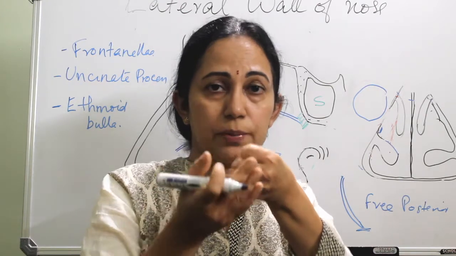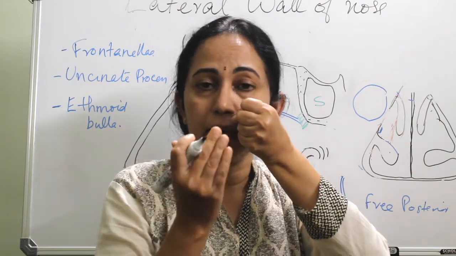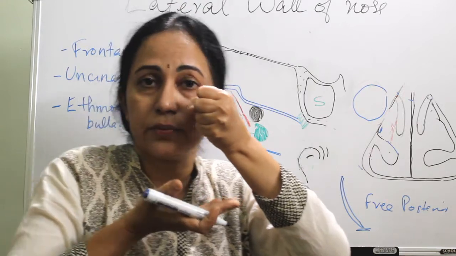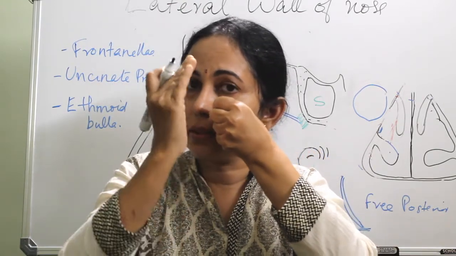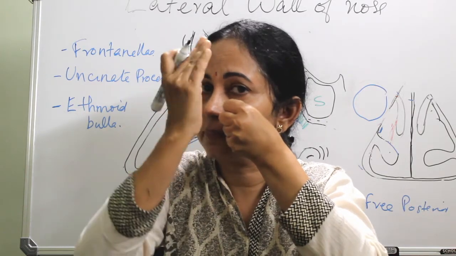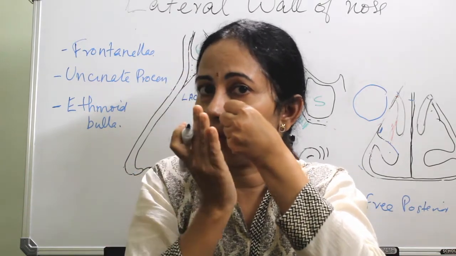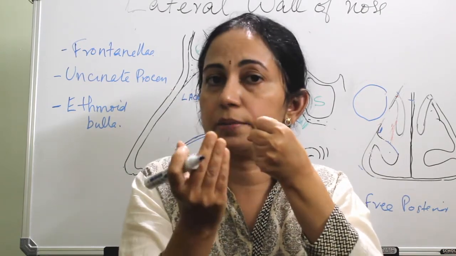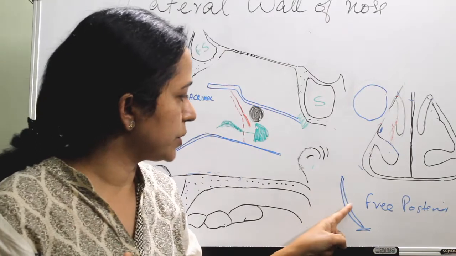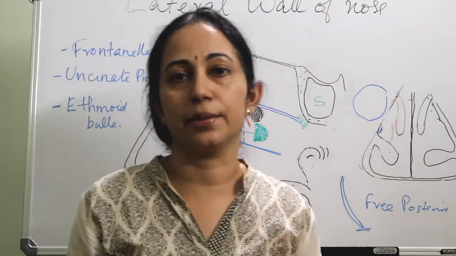From the anterior to the basal lamella, this will project, and below is the inferior turbinate. From the inferior turbinate, this uncinate process will come anteriorly. So anterior to the ethmoid bulla comes the posterior free border of the uncinate process.